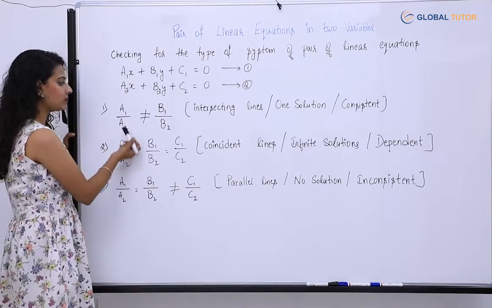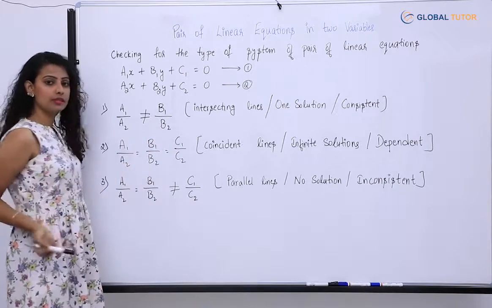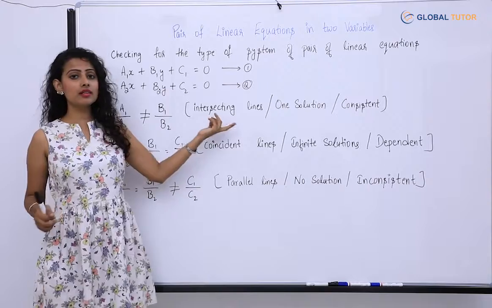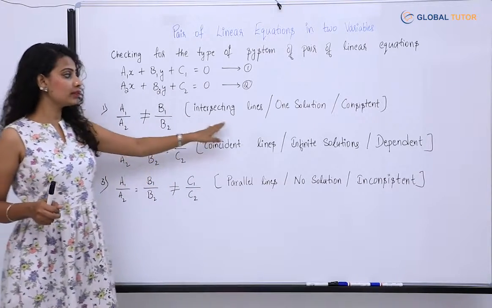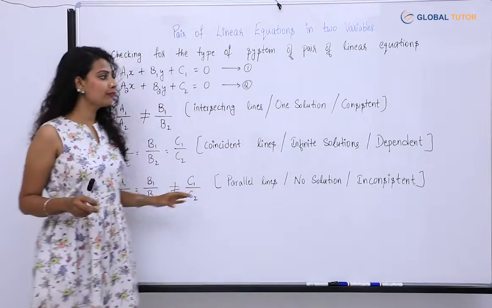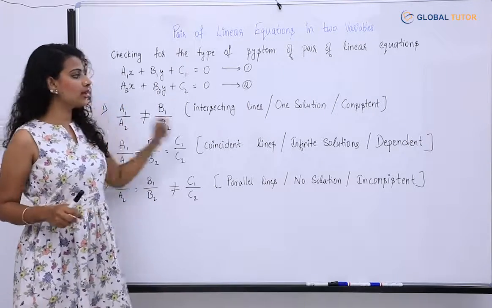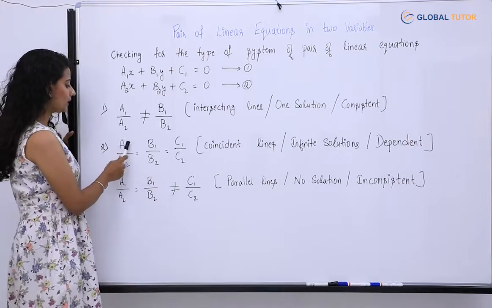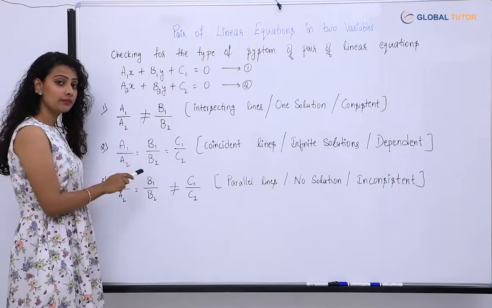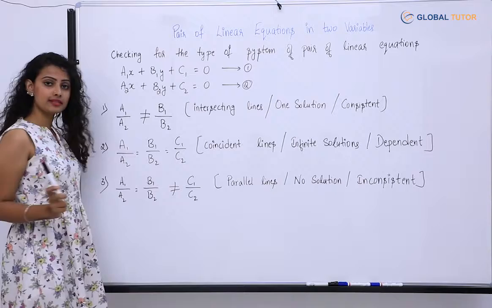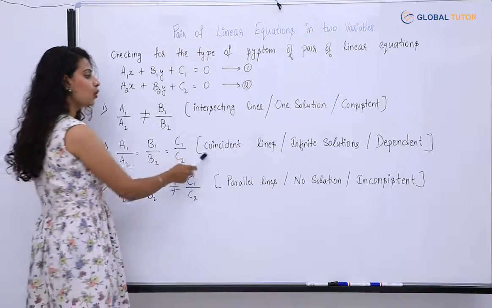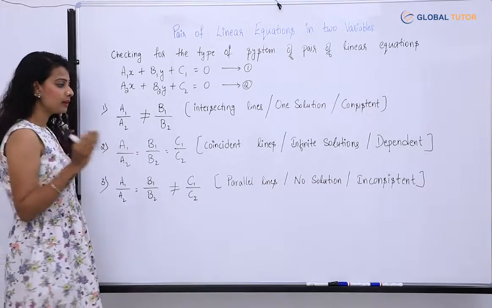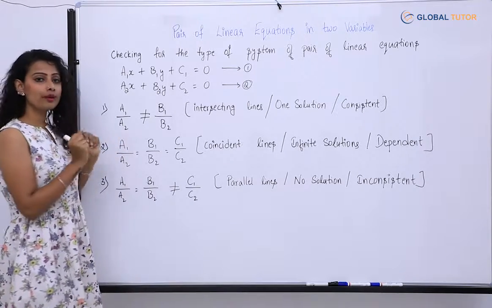If a1 by a2 is not equal to b1 by b2, then we say that the equations or the lines are intersecting, which means there will be one solution and we call the equations of two lines consistent. Now, the second case is when a1 by a2 is equal to b1 by b2, which is also equal to c1 by c2, then we call it coincident lines where there would be infinite solutions because the lines are overlapping on each other.